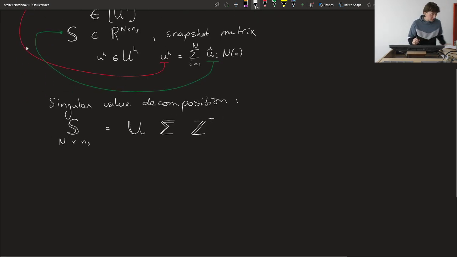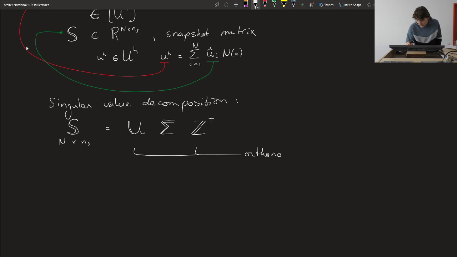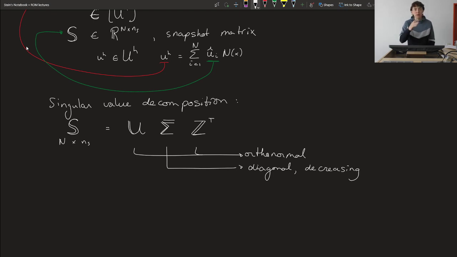Now, these two are orthonormal, and this one is diagonal. And importantly, decreasing, so every subsequent value on the diagonal is smaller than or equal to the previous one.